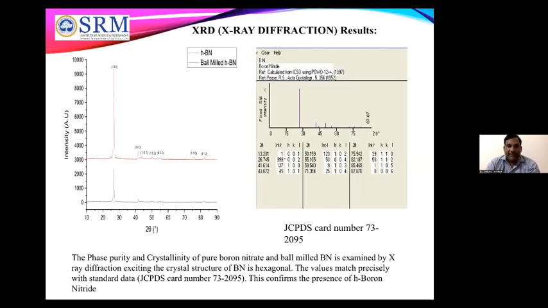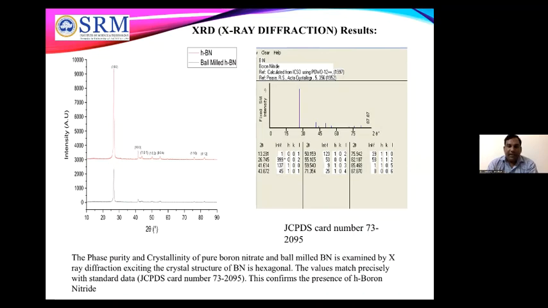So this XRD result we have only performed on that particular powder, whatever we have generated through ball milling. This is only to check whether any property change occurs due to work hardening inside the ball milling, or no change.